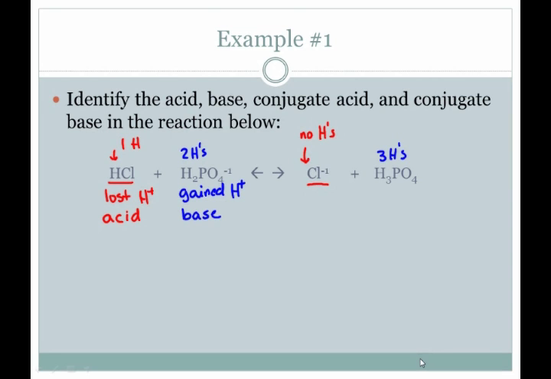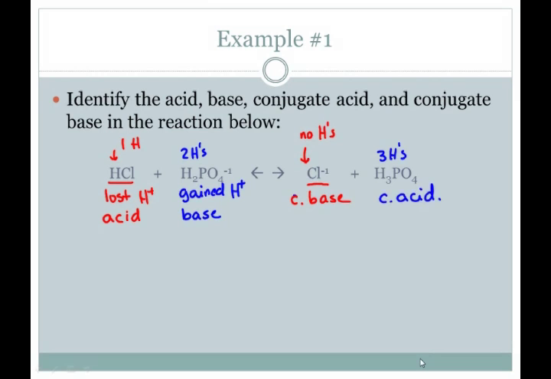Technically, I can start in the products and go backwards and think about this in terms of Cl minus becoming HCl, in which case then Cl minus is gaining an H+, and so it is the conjugate base. And H3PO4 becoming H2PO4 negative and losing an H, and so we could consider this to be the conjugate acid.